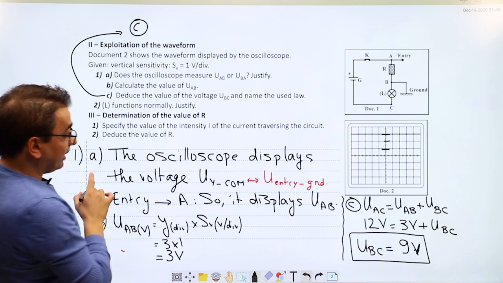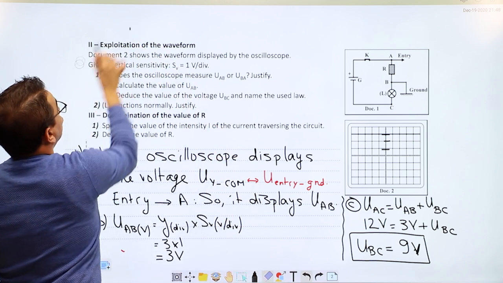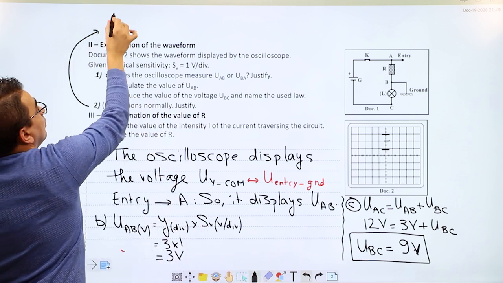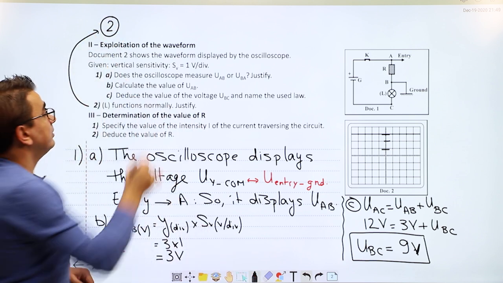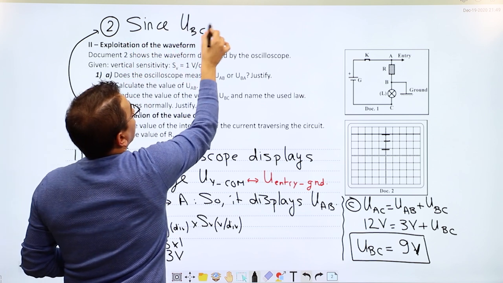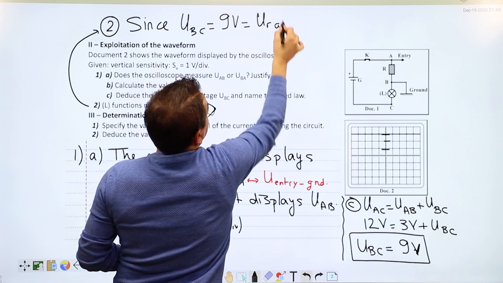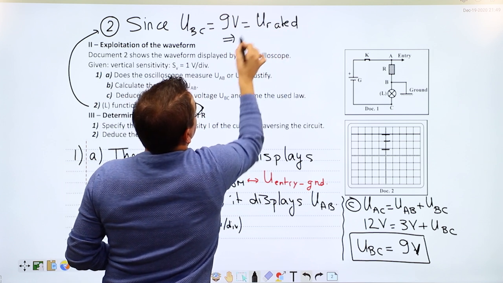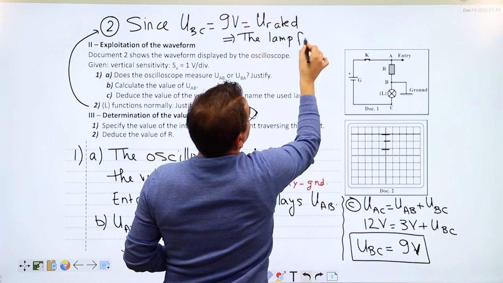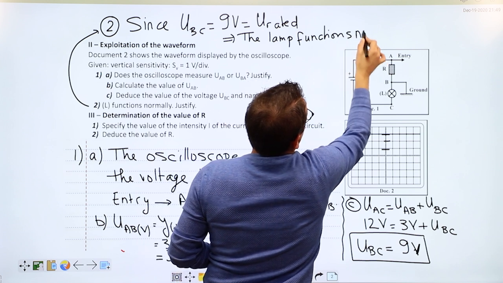Part 2, in fact, we just answered C. Part 2, the lamp functions normally. Why? Since UBC equals 9 volts equals U rated, thus the lamp functions normally.